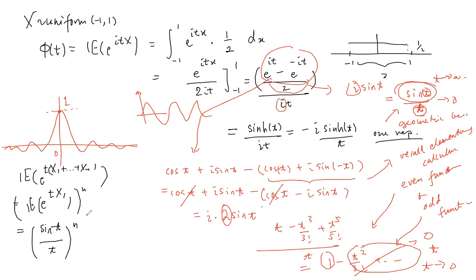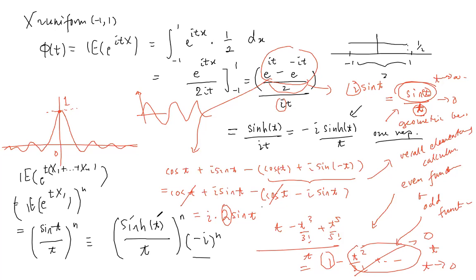It's very clean and compact. And of course, this is also possible. You will just end up with something like sinh t raised to the power of n, then you have a minus i power of n. They're actually the same.